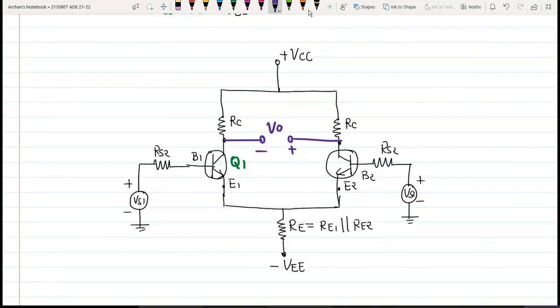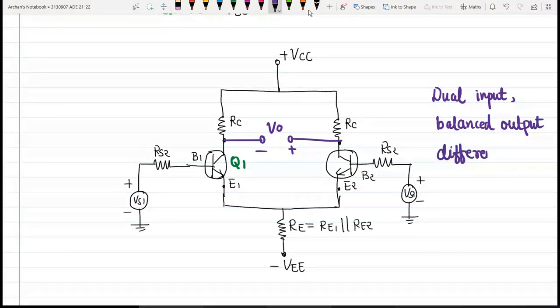This differential amplifier configuration is known as dual input balanced output differential amplifier.